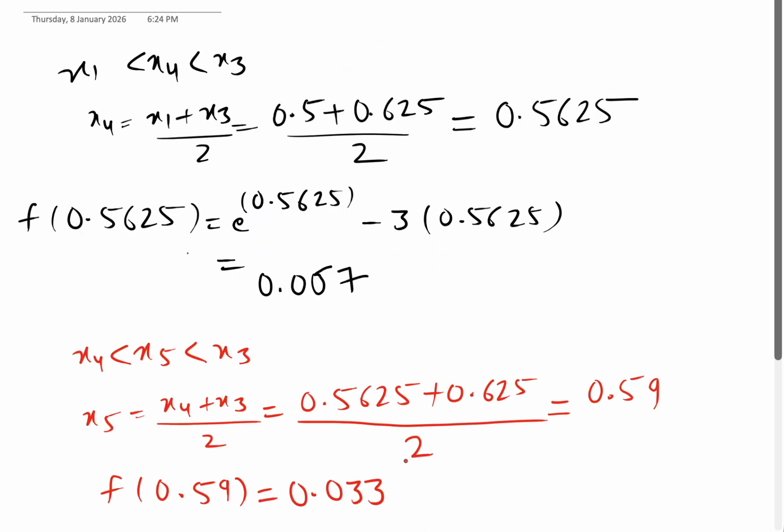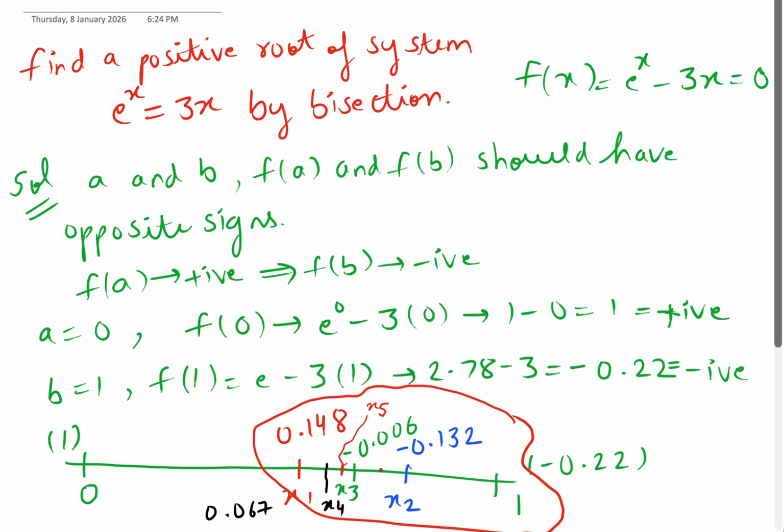So we can do one more iteration. Let's make one more iteration, and it will be between x5 and x3. So x6 will be between x5 and x3. So x6 equals (x3 plus x5) upon 2.